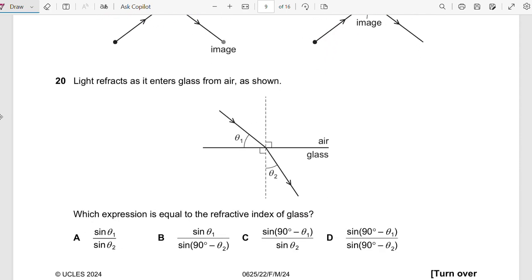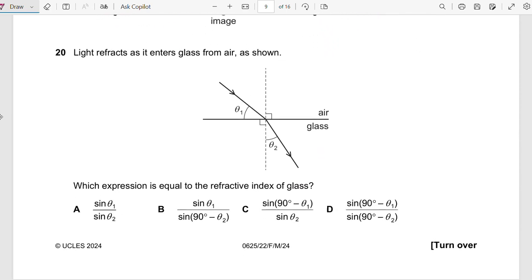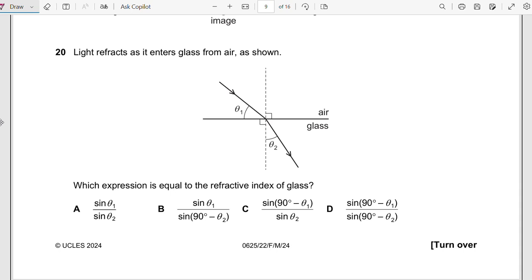Let's go to the last question in this video. Light refracts as it enters glass from air. So from low density to high density. Okay, as shown. Which expression is equal to the refractive index? I notice here the options are giving me the signs.